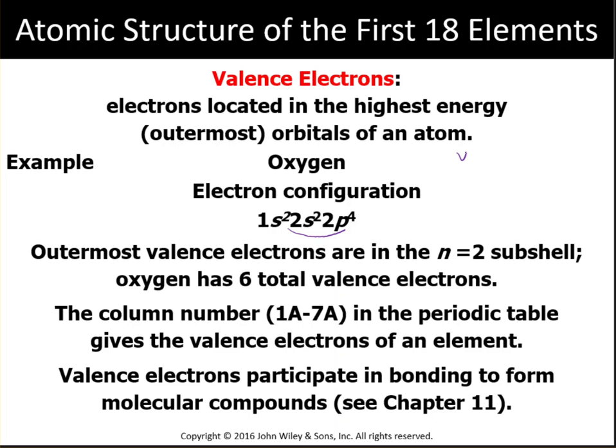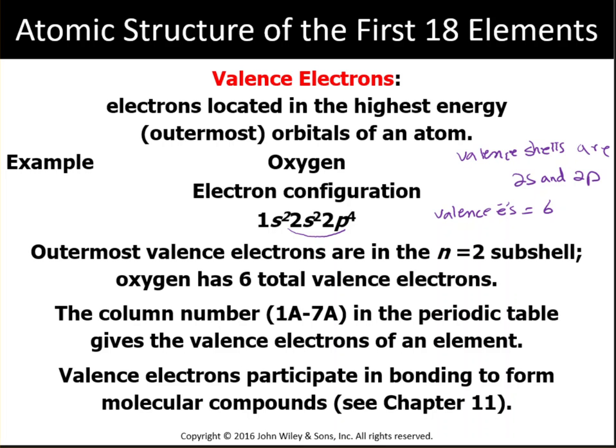So your valence shells are 2s and 2p, and number of valence electrons are 6 valence electrons, because you have 2 in the 2s and 4 in the 2p.